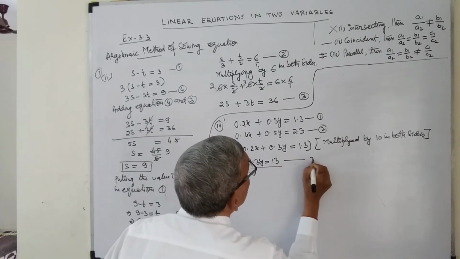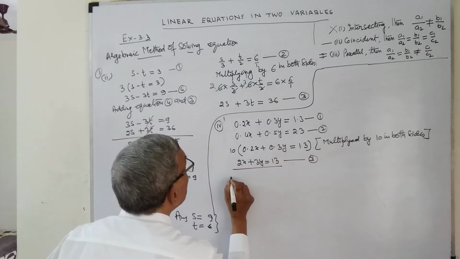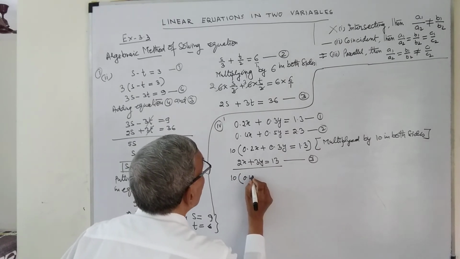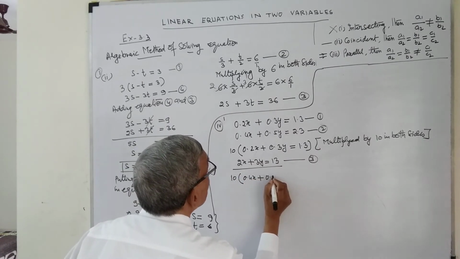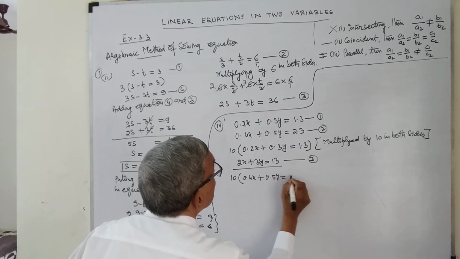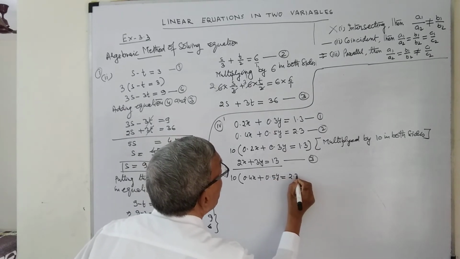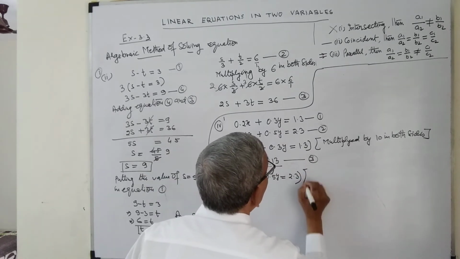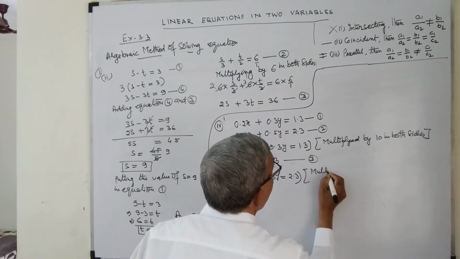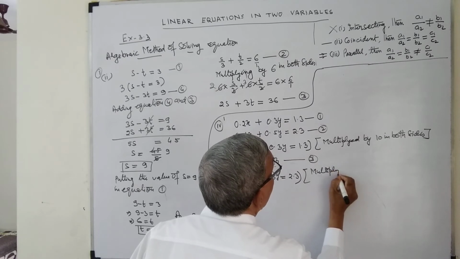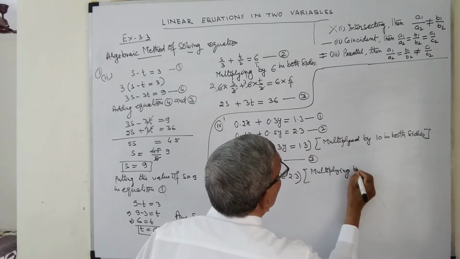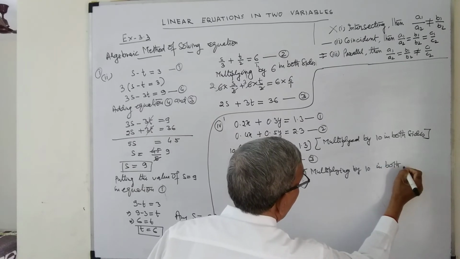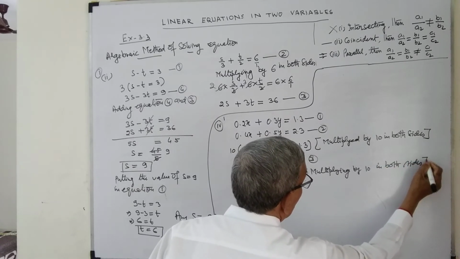So this is equation 3, and similarly 10 into 0.4x plus 0.5y is equal to 2.3, multiplying by 10 on both sides.